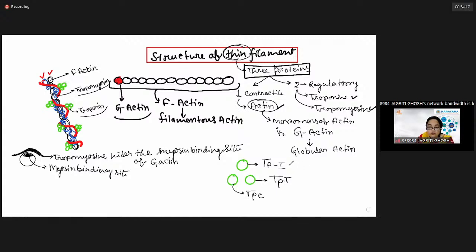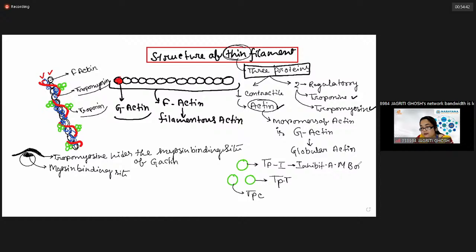The function of TPI is to inhibit actin myosin binding. AM means actin myosin bond.